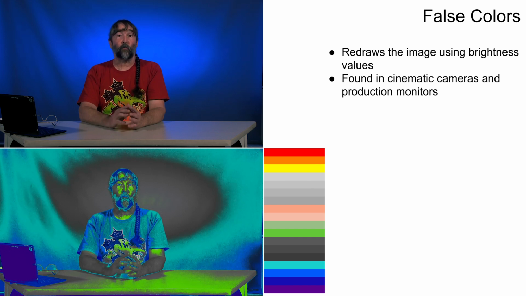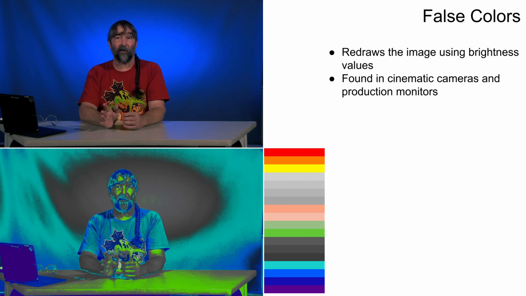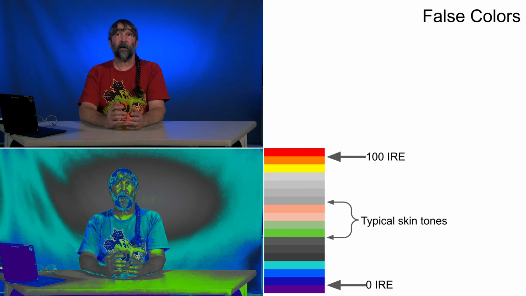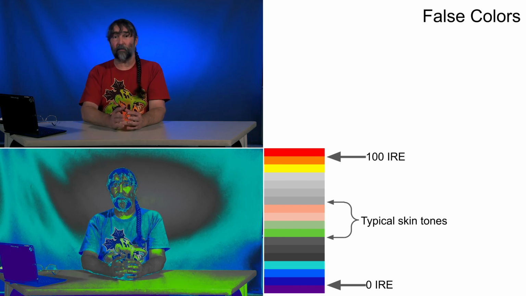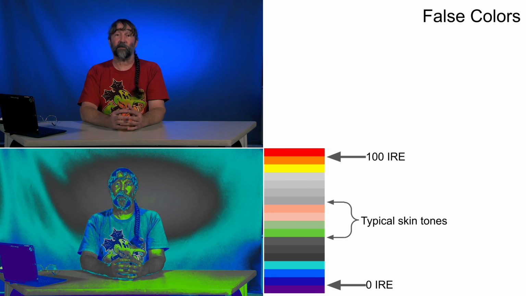False colors repaints the image. So the colors that you're seeing as you look at the viewfinder or the monitor are not, clearly they're not the colors that are actually there. But they replace the colors with colors represented by a brightness scale. So if you look at the scale that I'm using here, if anything is actually red, it means it's over 100 IRE. It is overexposed. As it gets close to that, it's orange, right?